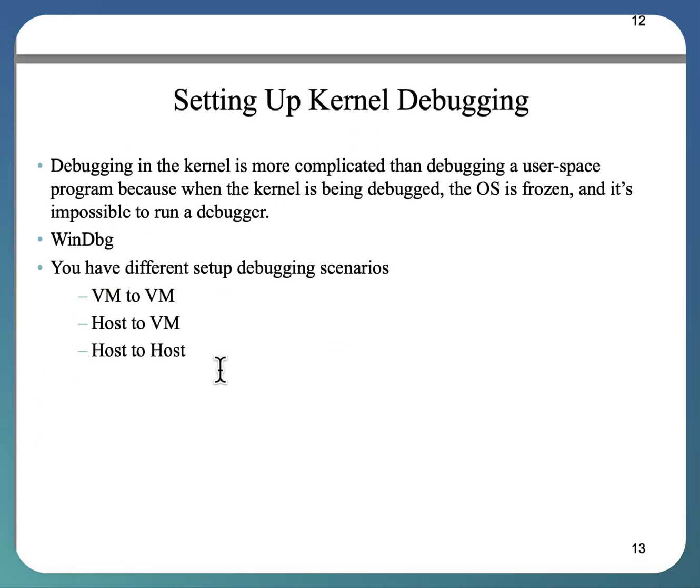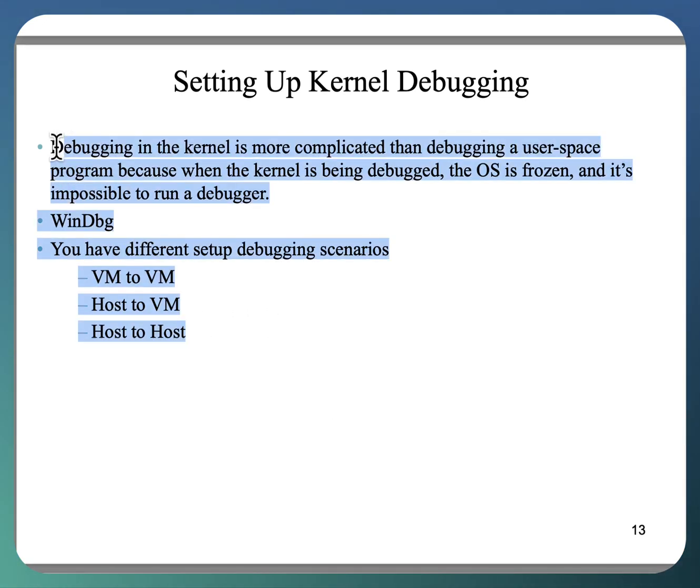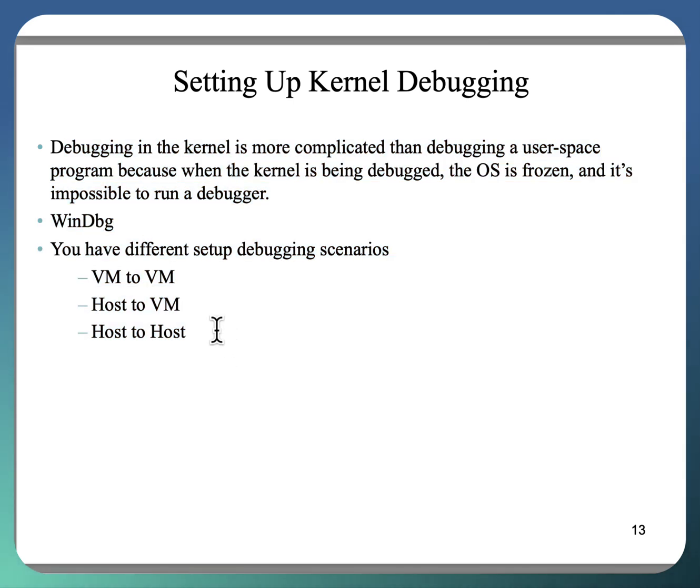Obviously, setting up kernel debugging might be interesting. That is why I included these slides here, but that is not something that we're going to spend much time on. You just got to remember that's something that you do. In order to do that, you need two separate machines.